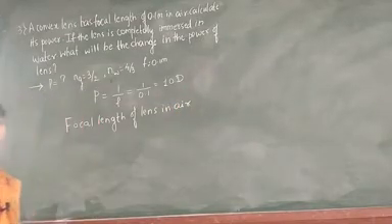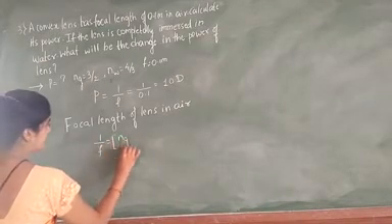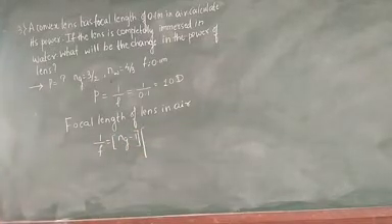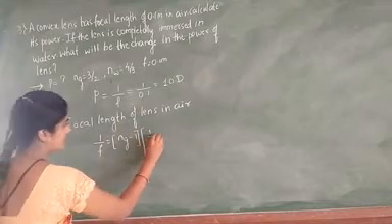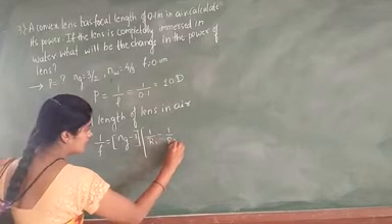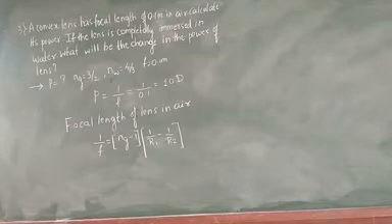The formula we are using is 1 by f is equal to Ng minus 1 into 1 by R1 minus 1 by R2. Now in this condition we know the value of f and the value of Ng. We just have to calculate the value of 1 by R1 minus 1 by R2.